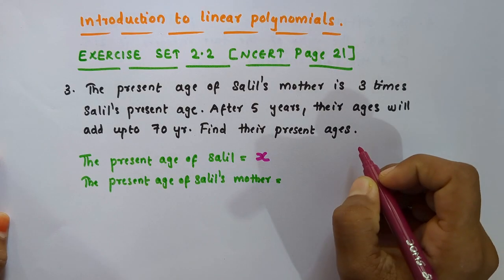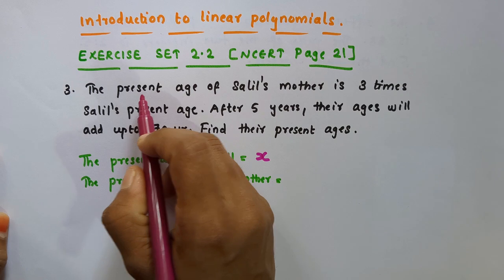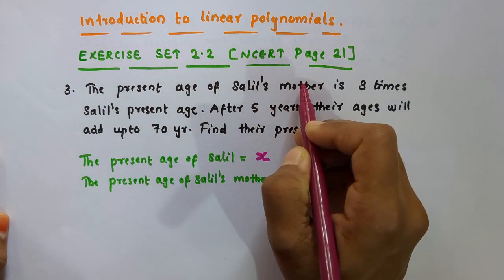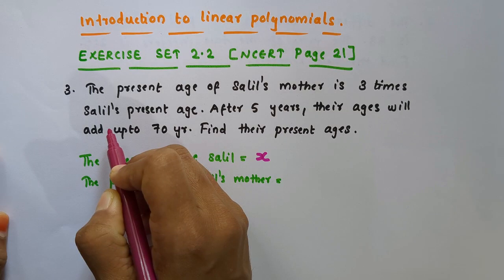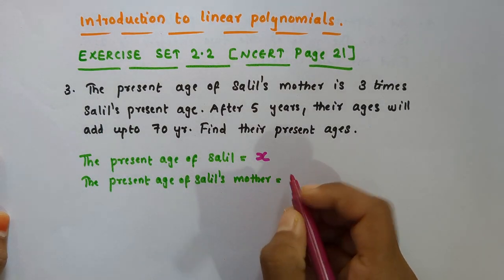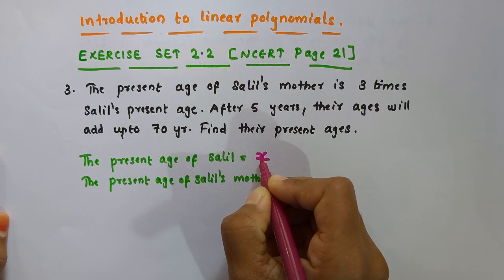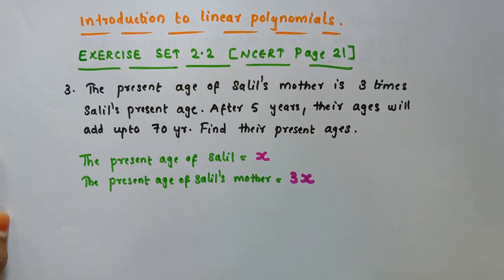Therefore, the present age of Salil's mother is 3 times Salil's present age, that is 3 times x. So, 3x.